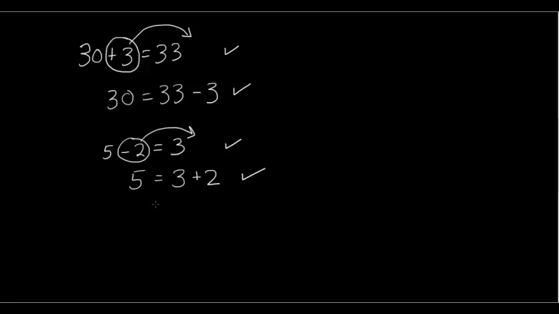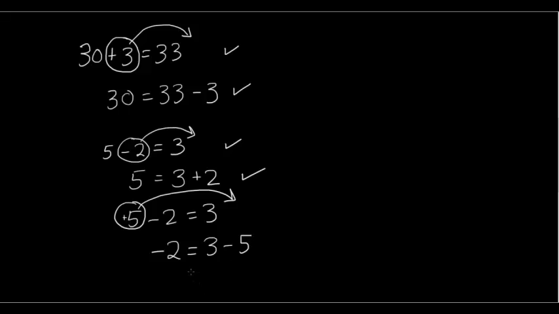Now the same thing works with numbers that don't have a sign. So in this equation, for example, 5 minus 2 equals 3. The number in front of 5, because it's a positive 5, right? If we move the 5 to the other side, it becomes negative 2 equals 3 minus 5. Okay, and these equations are both valid.